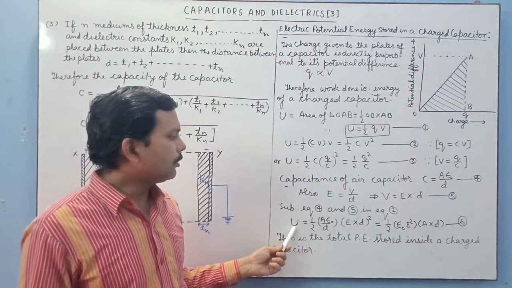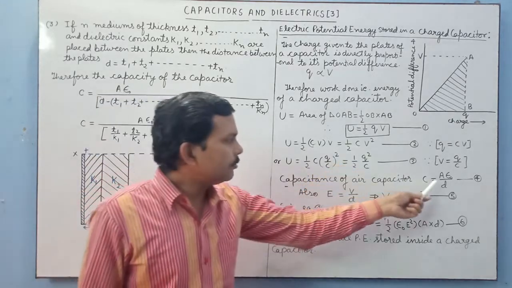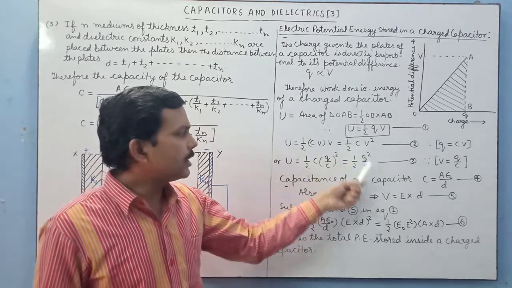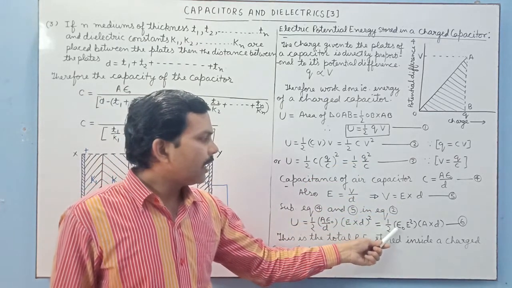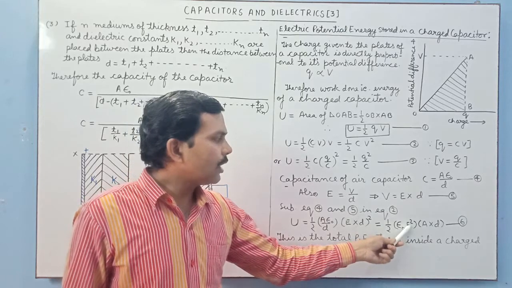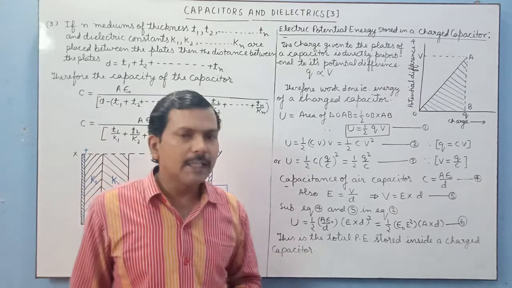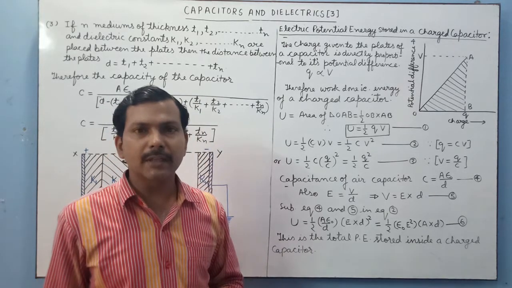So U is equal to half. In place of C, we substitute A epsilon 0 by d. In place of V, we substitute E into d. So we get half epsilon 0 E square A into d. This is the total potential energy stored inside a charged capacitor.